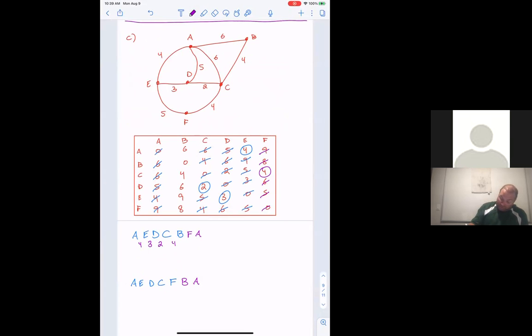I got to throw in a C. Let's see how I do this. I can throw in a C, but overall B to F is 8. And then F to A is 9 if I go through E. So C, E gives me the direct route.